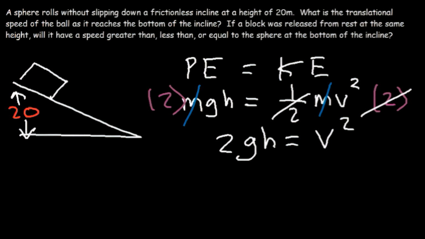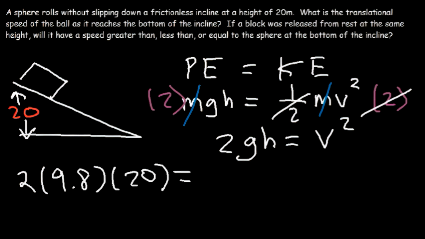So let's plug in the information that we now have. 2 times 9.8 times 20 is equal to v squared. 2 times 20 is 40, and 40 times 9.8 is 392. And if we take the square root of 392, that will give us an answer of 19.8 meters per second.